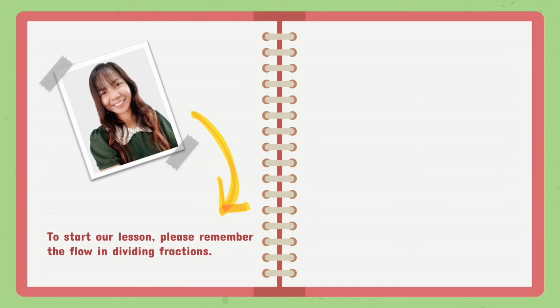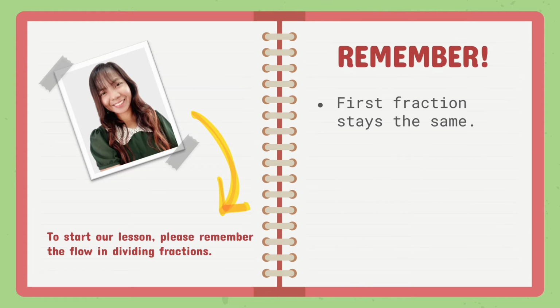So to start our lesson, please remember the flow in dividing fractions. First, the first fraction stays the same. Again, the first fraction stays the same. Operation changes from division to multiplication.